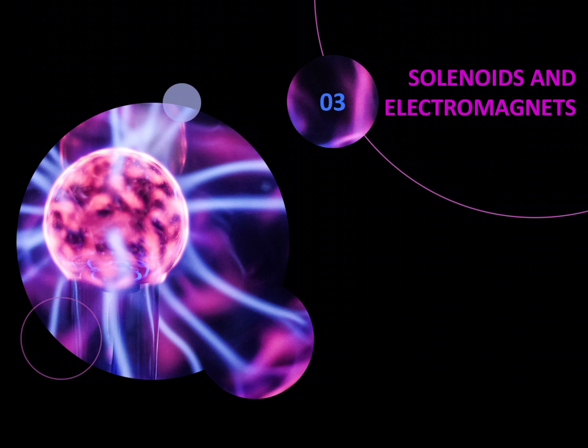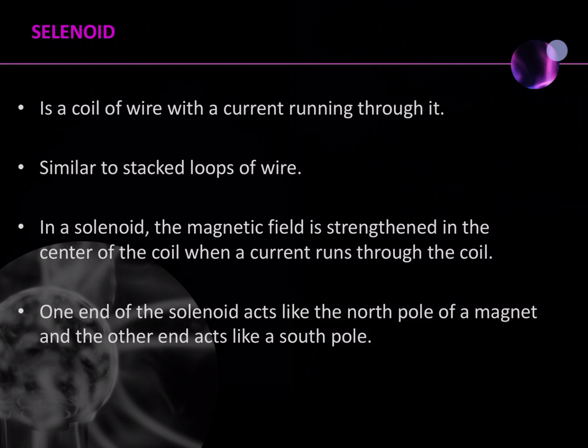Solenoids and electromagnets. A solenoid is a coil of wire with the current running through it. It is similar to stacked loops of wire. In a solenoid, the magnetic field is strengthened in the center of the coil when a current runs through the coil.